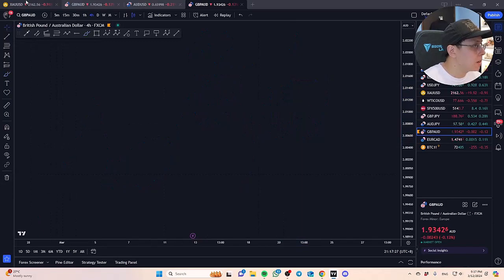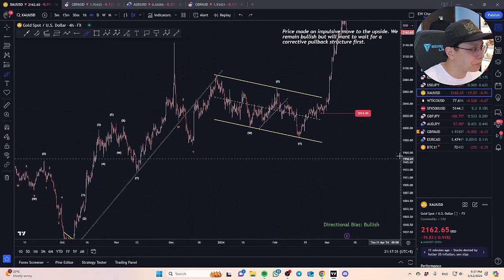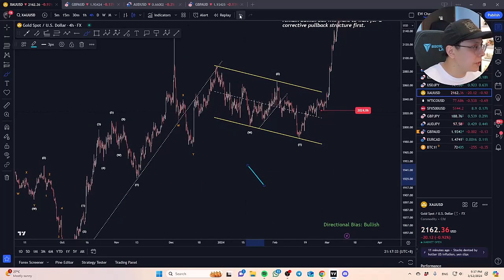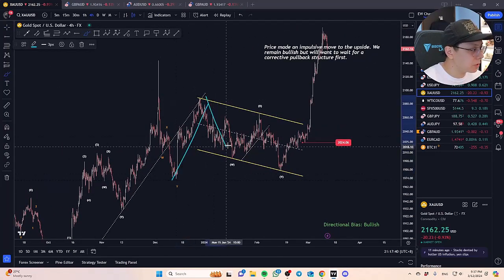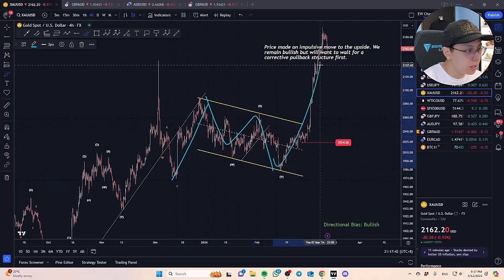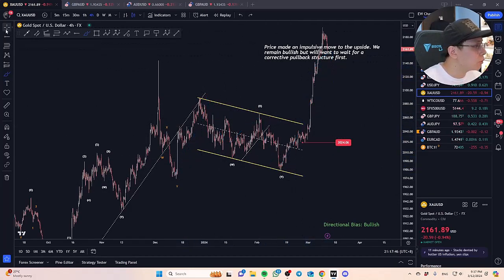If you take a look at how the price has been developing historically, we don't need to go very far back. You can see in this combination: impulse, correction, slow move to the downside, continuation. Very clear cut.